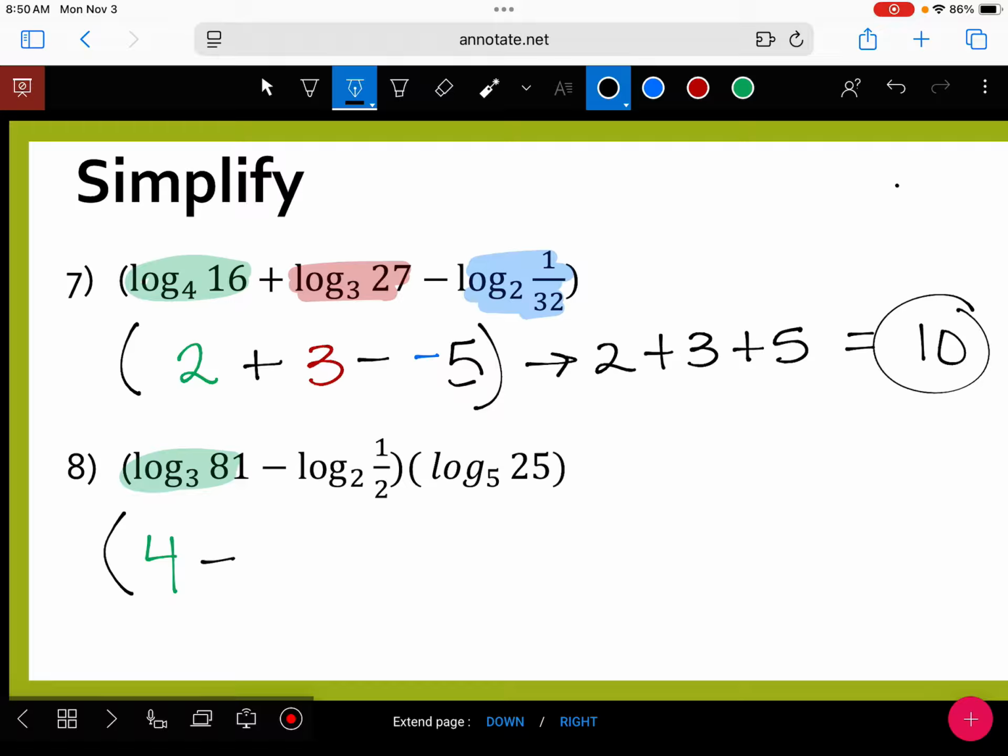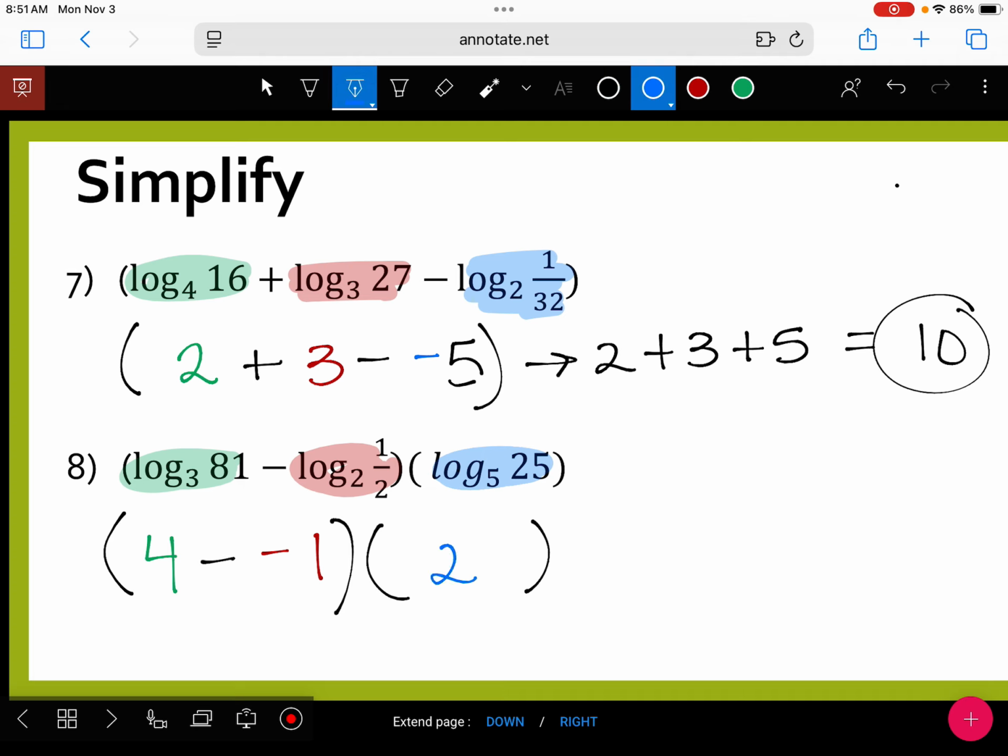Okay, this is tricky. 2 to the what power is 1/2? Negative 1. So that's going to be minus a negative 1. Then it says close your parentheses. Start a new parentheses. Now last one. 5 to the what power is 25? 2.